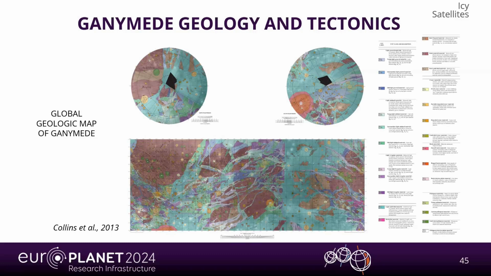So the main terrains are two: dark terrains, here on the map in brown, and the younger light terrain, here in the global geologic map in green, light blue.